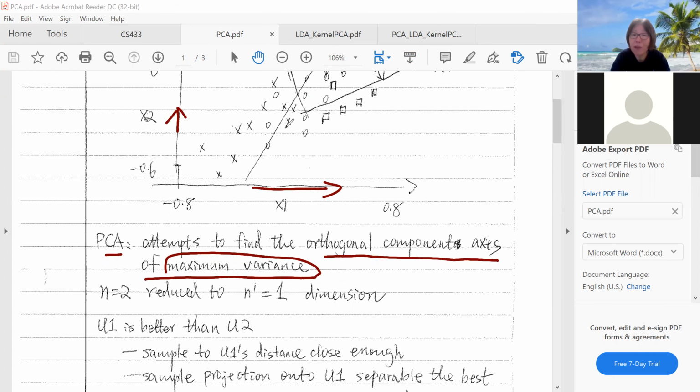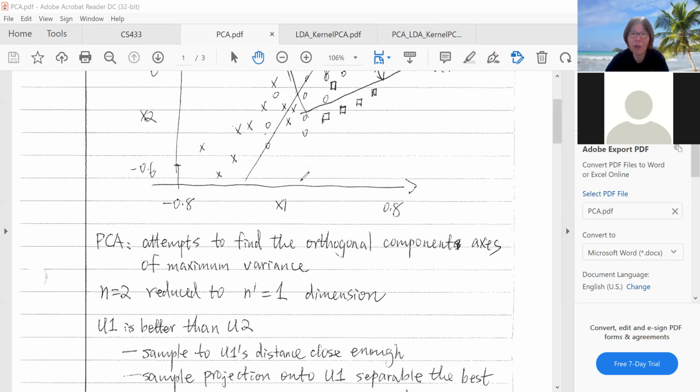Now, if we find U1, then we reduce from 2 dimensions to 1 dimension, but you keep the most spread out feature, so that you won't lose a lot of influence.